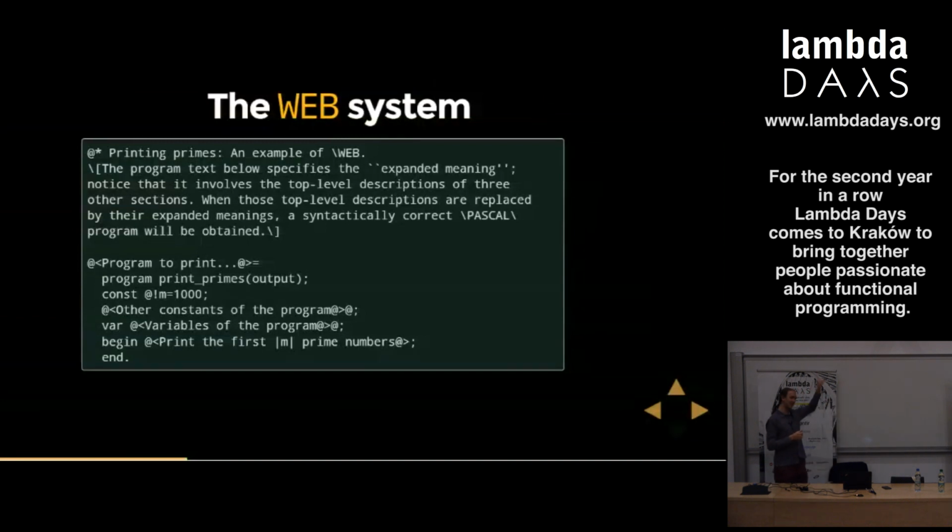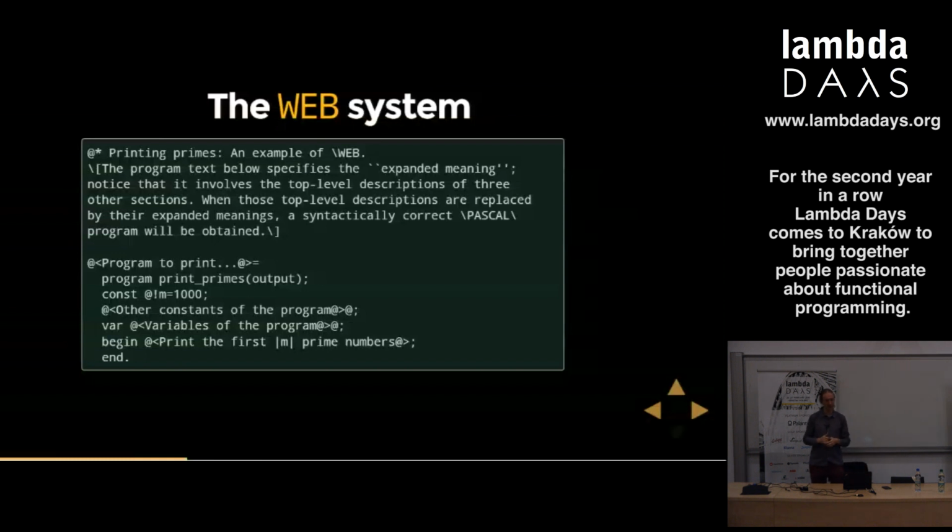And then the program, and this is an interesting thing, he had this system where you could name blocks or parts of the program and then reconstruct the whole. What is saying here is that the whole program, the program print primes, is a declaration in Pascal.